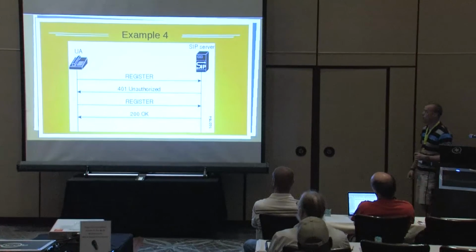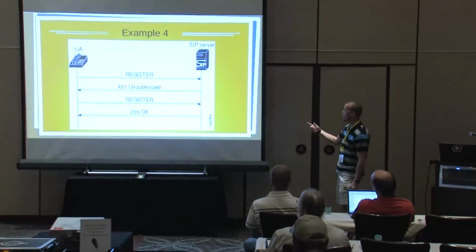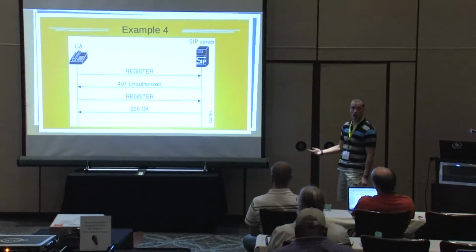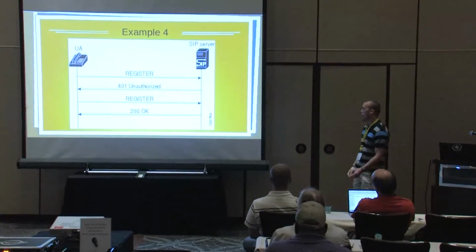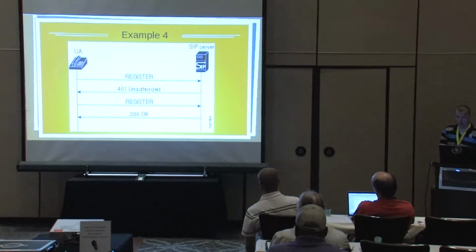For example, many phones send a register. The PBX will return a 401 unauthorized with a challenge, and the phone will send back a register. This is the normal process for registering a phone.